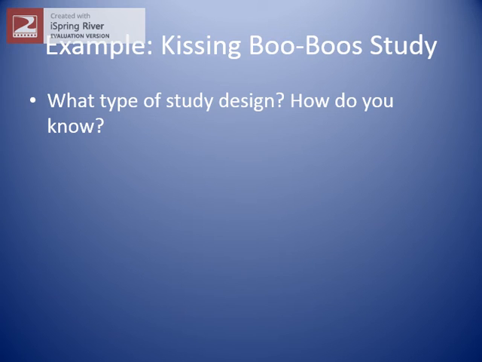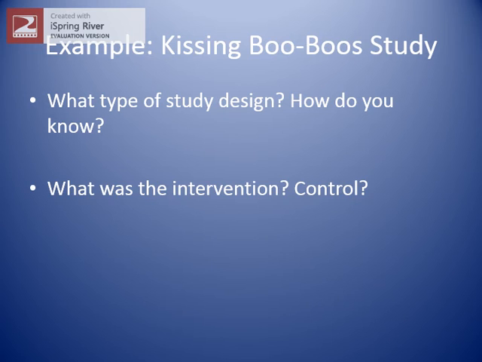Obviously they said in the study that it was a randomized trial, but go back and look. Did they intervene in some way? Did they have randomization? Did they have blinding? How did they minimize bias? Look for all of those steps.